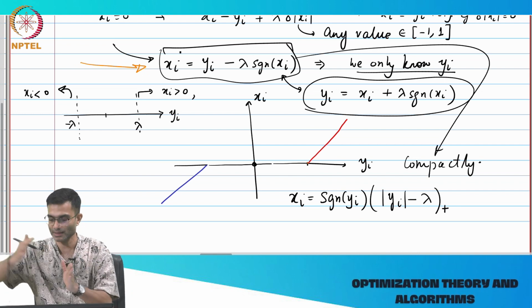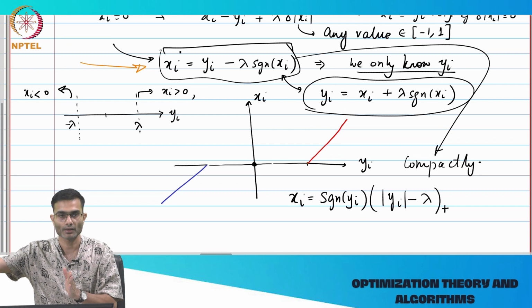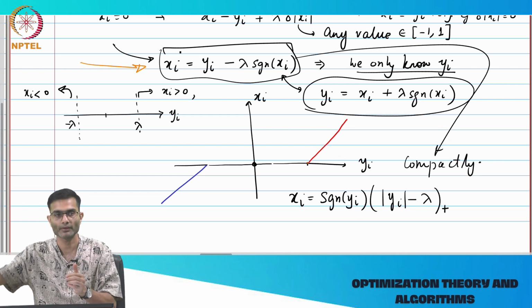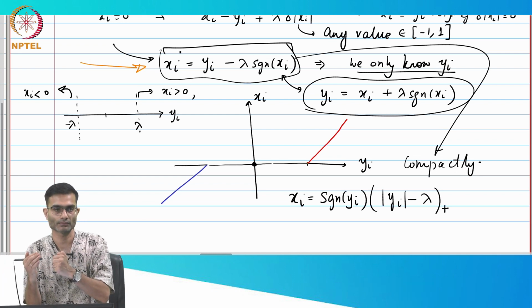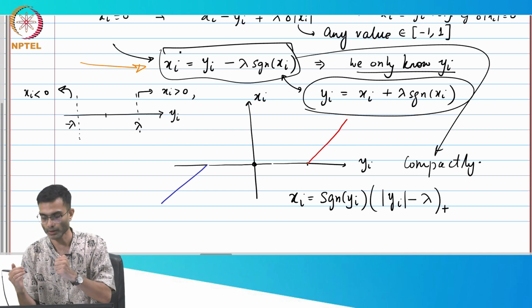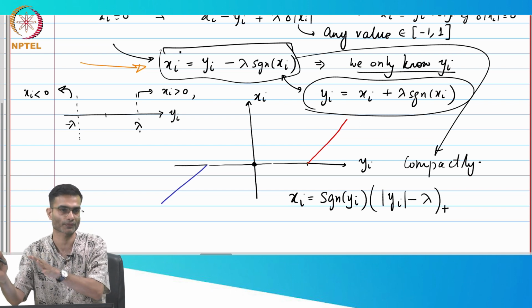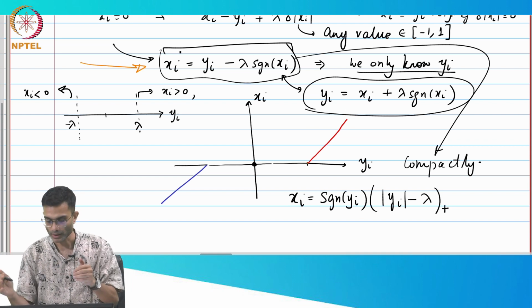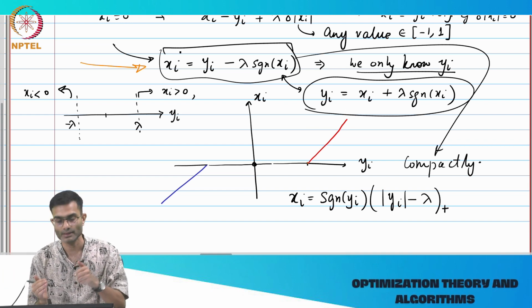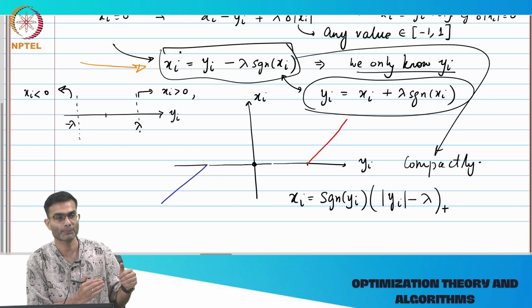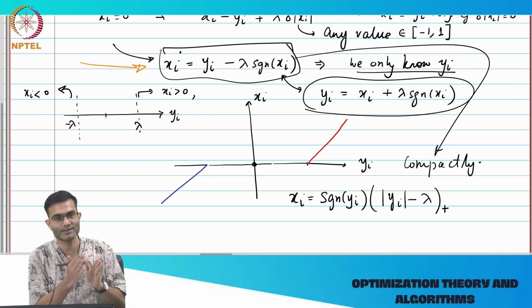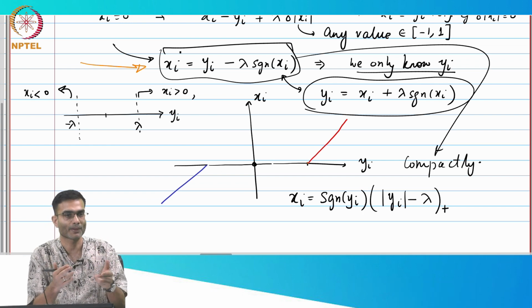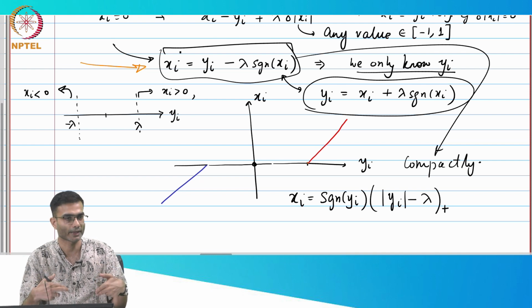When yi is greater than lambda, what is the value of xi? I am reducing yi by lambda, and the sign is positive. When yi is less than minus lambda, again the value is being chopped by lambda, but it's getting multiplied by a negative sign.